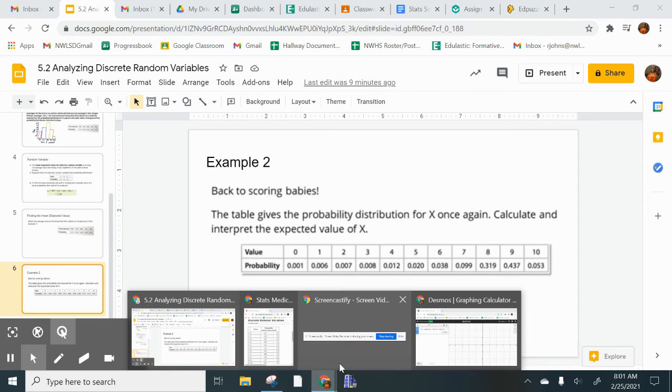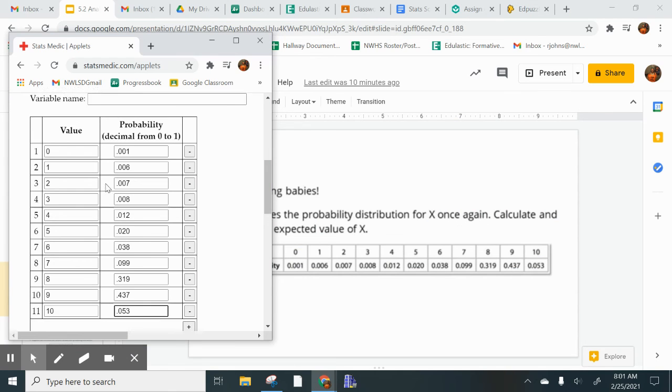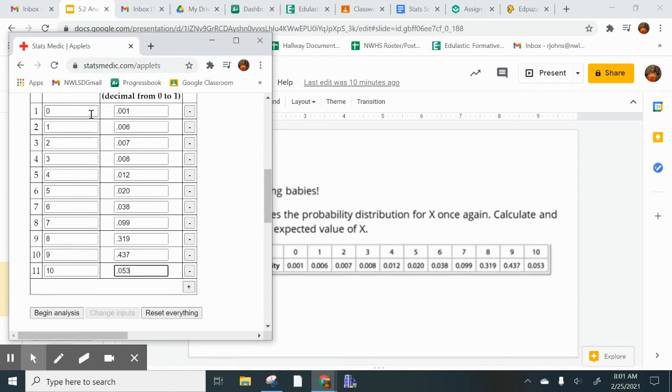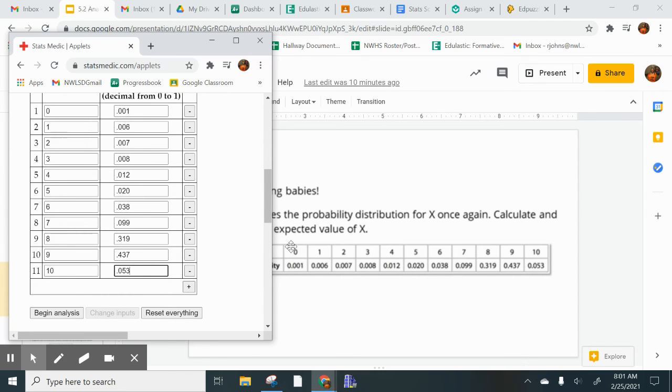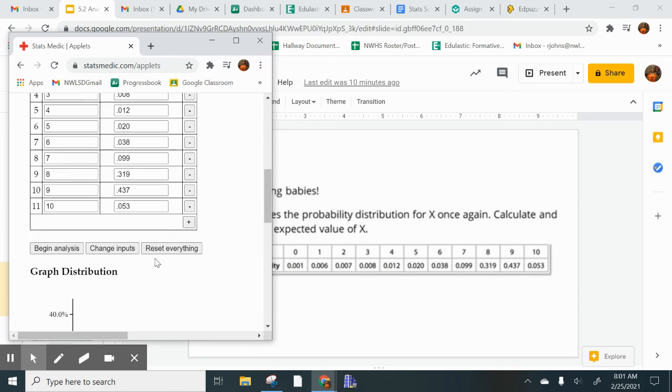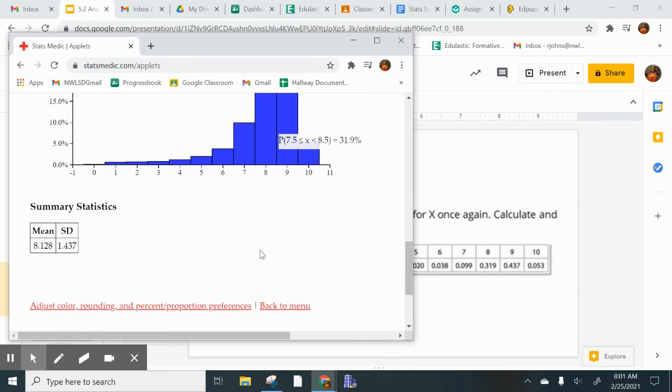Okay, so I plugged those into the app. Notice here's all my values, here's my probability, a decimal from 0 to 1, and all I'm going to do is press begin analysis. If you scroll down, they even plot the histogram for you, which is nice.